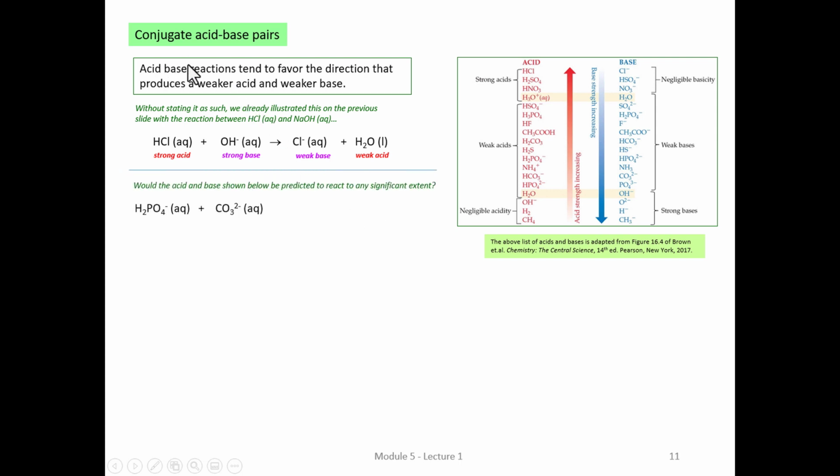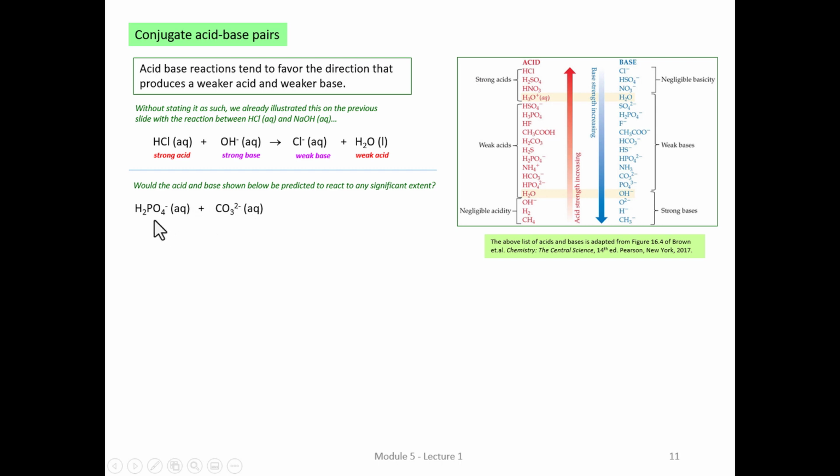So acid-base reactions tend to favor the direction that produces a weaker acid and a weaker base. And in this case, the differences between strong and weak are so large that we write this without an equilibrium sign, because there's a very strong tendency for it to go toward the right, toward the weaker base and the weaker acid. Let's try a different example.